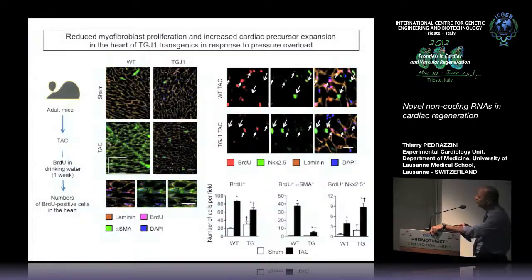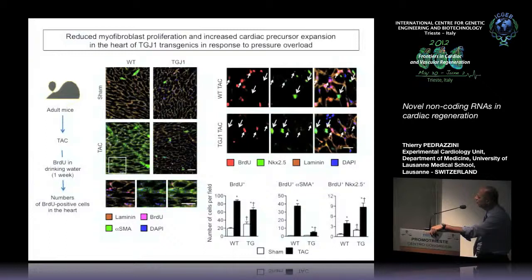Now there are obviously proliferating cells in both genotypes. However, there's a major difference. In wild types, what you have is a big increase in myofibroblast production. And this is observed here also by immunostaining. And this doesn't occur in the transgenic animals.